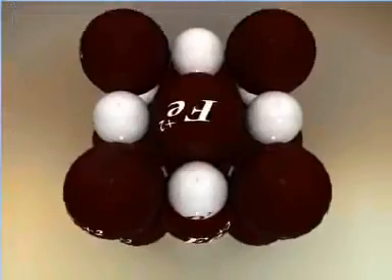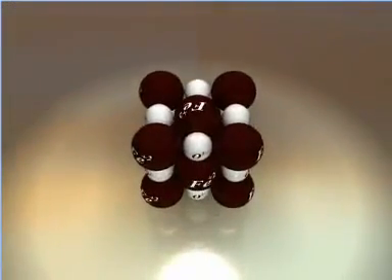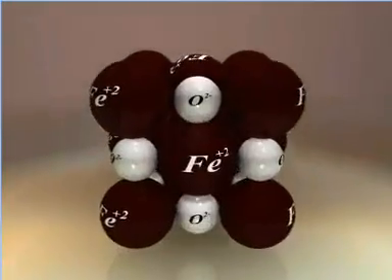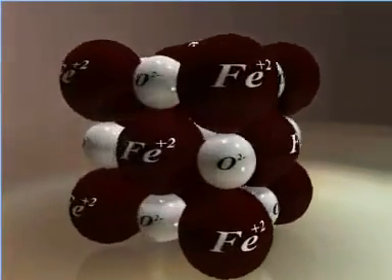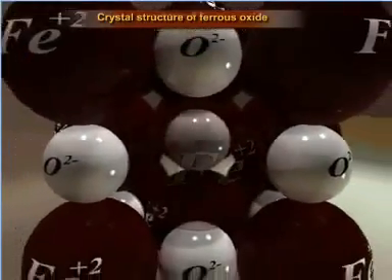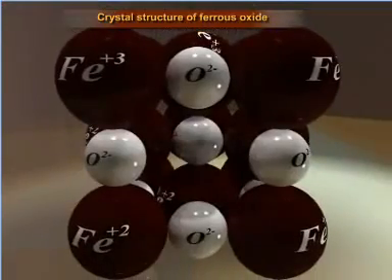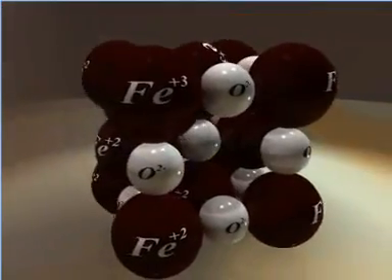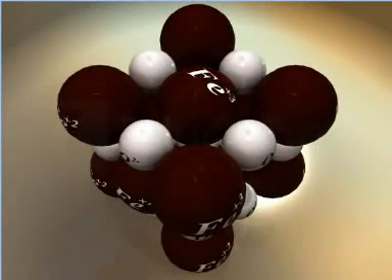In such a case, to maintain the electrical neutrality, some of the remaining cations acquire extra positive charge by moving into the higher oxidation state. For example, in the crystal of ferrous oxide, a few ferrous ions move out from the site, resulting in a non-stoichiometric defect. Some of the remaining ferrous ions acquire higher oxidation state and become ferric ions.